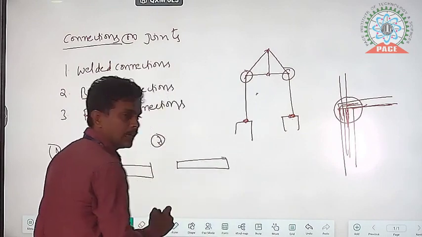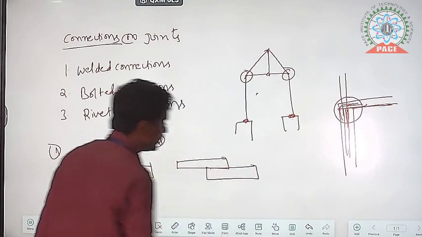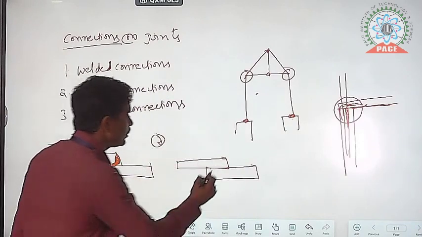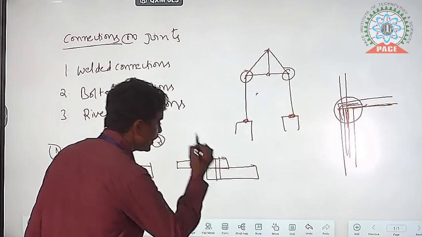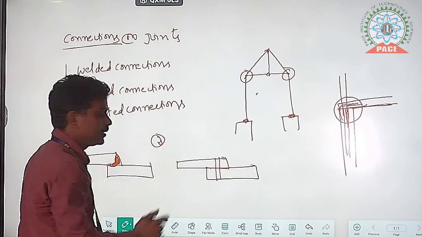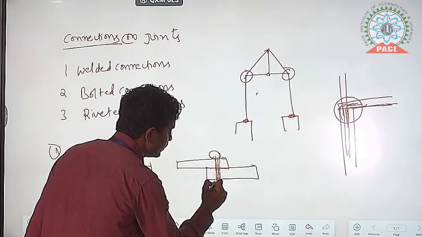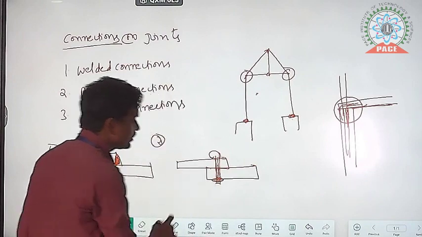We have to make a hole here, and by using a bolt through this hole, with a nut on the bolt, we fix one nut and tighten it. So that is about bolting. Joints can be done by bolting also, as one method. And next one is riveting.